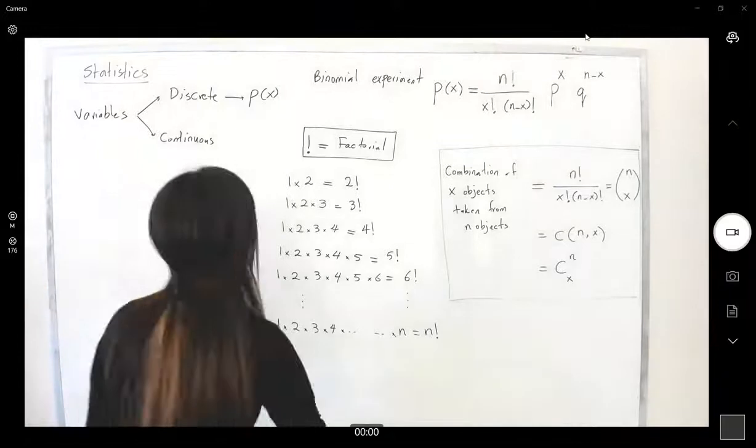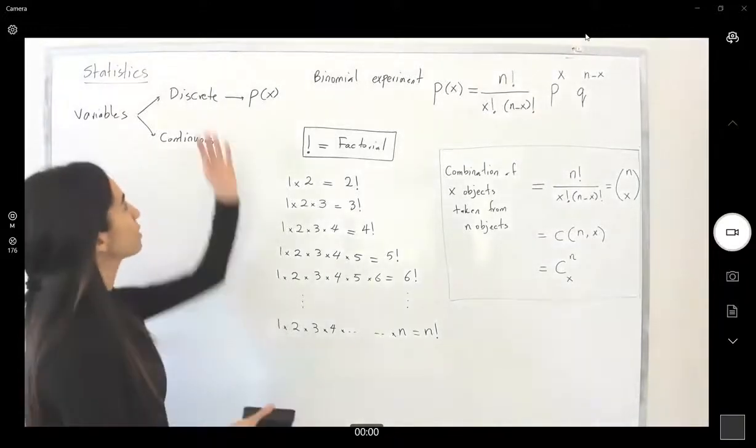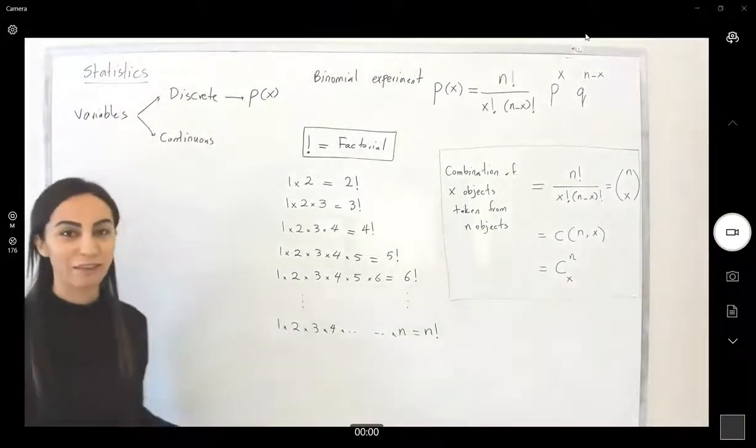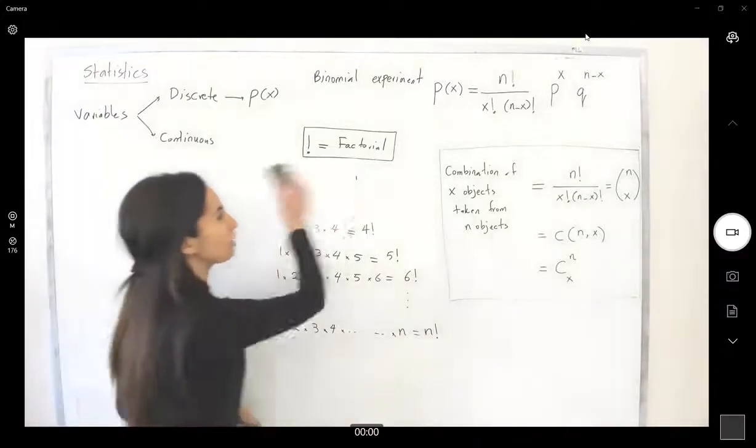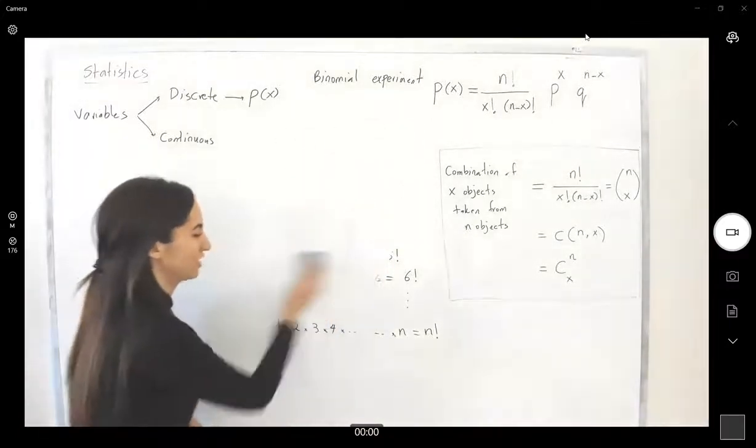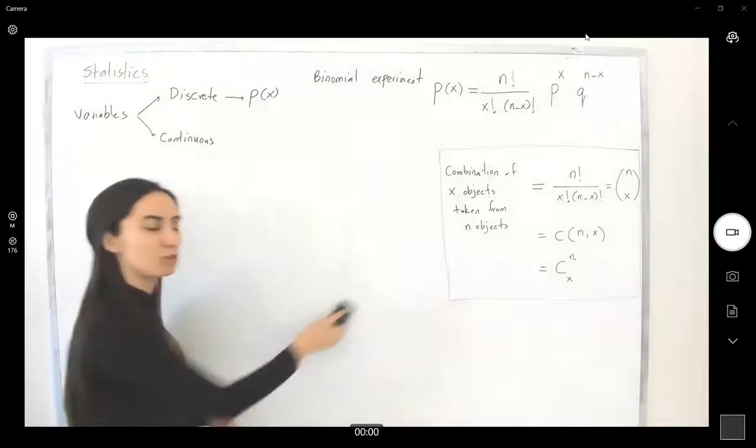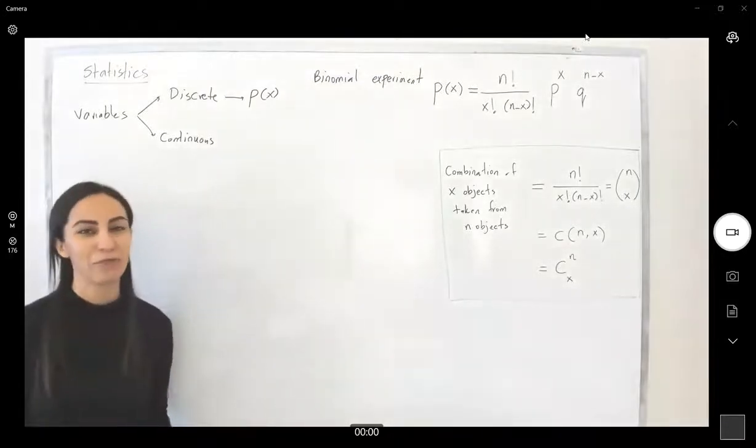So now that we talked about a binomial experiment, let's get back to a discrete random variable and talk about the graph of probability distribution for a discrete random variable.